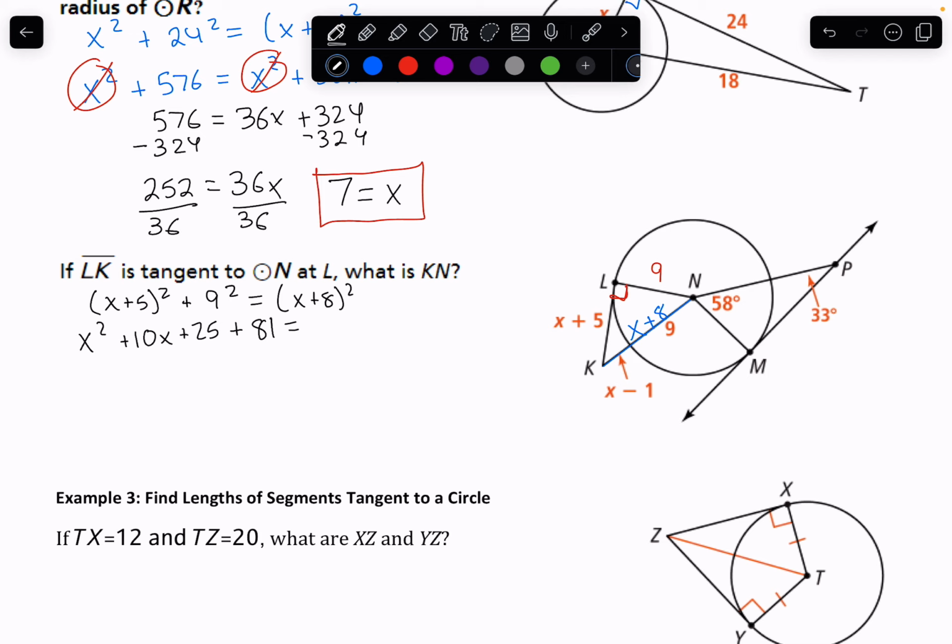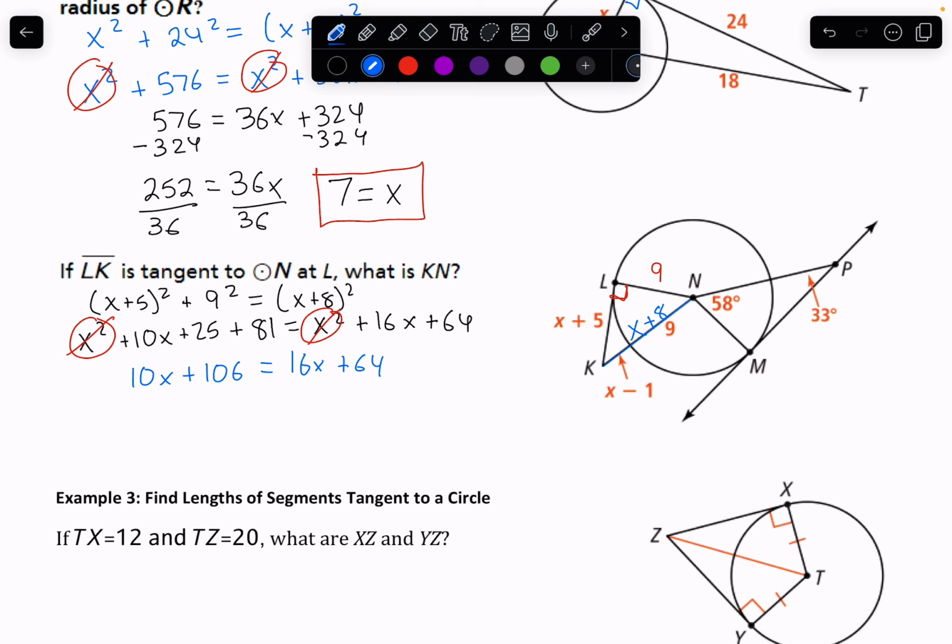(x plus 8) squared, when we distribute, is x squared plus 16x plus 64. Once again, both of your equations have an x squared on one side, so we can cancel it out and combine our like terms. We've got 10x plus 106 equals 16x plus 64.